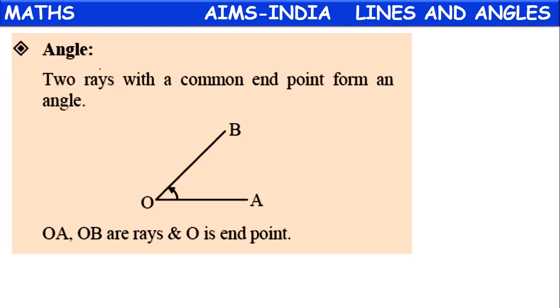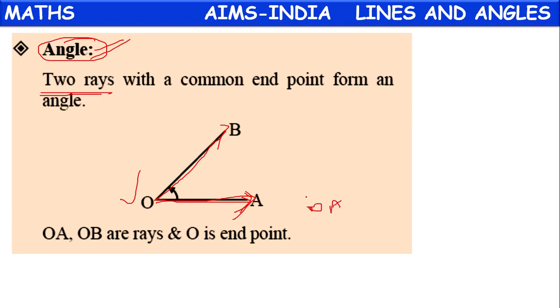So next, children, angle. We can form an angle with the help of two rays. Here OA is one ray, OB is another ray. For OA ray, the endpoint is O and it can be extended in the direction of A, OA bar.